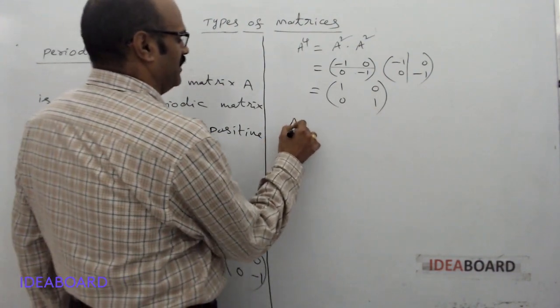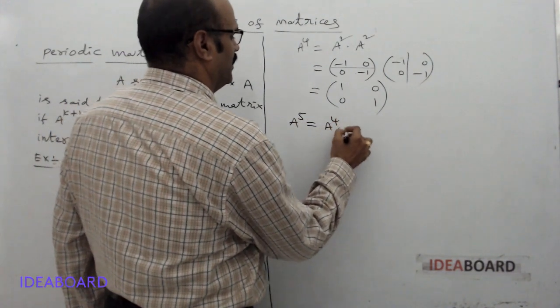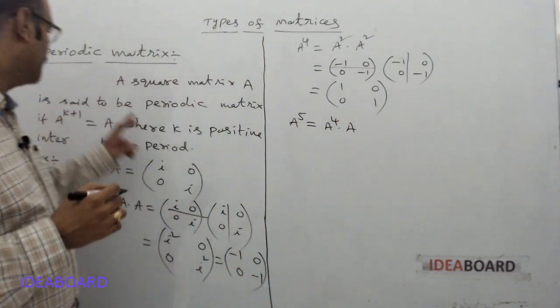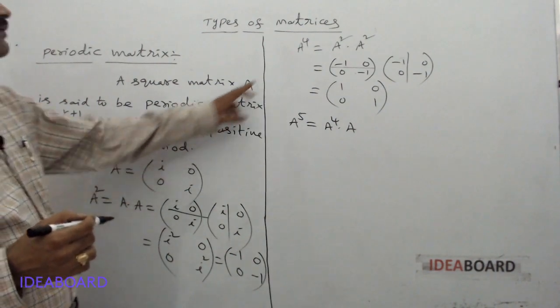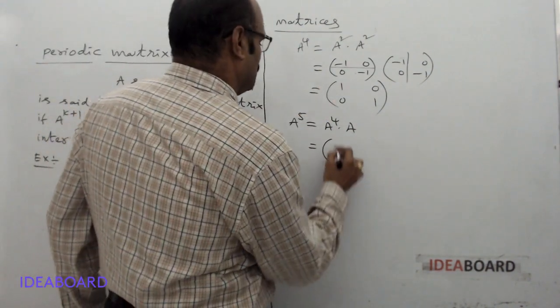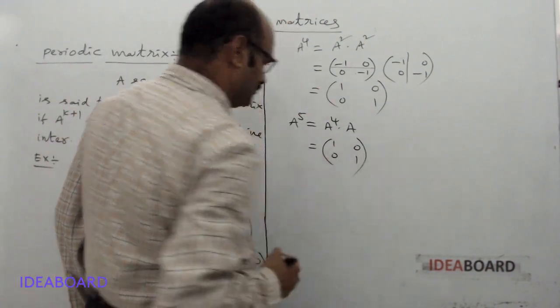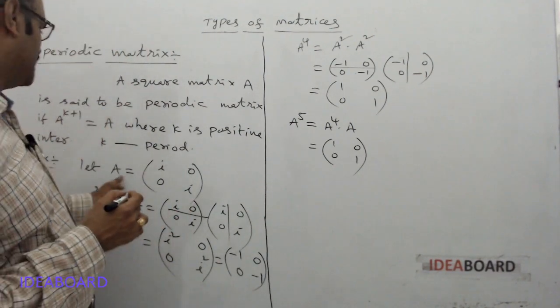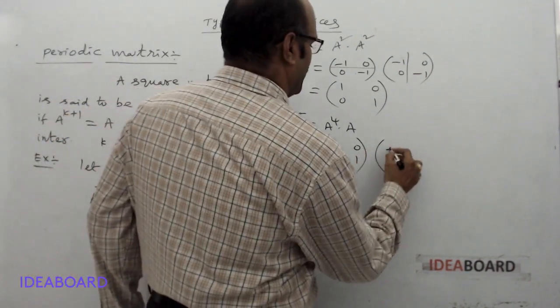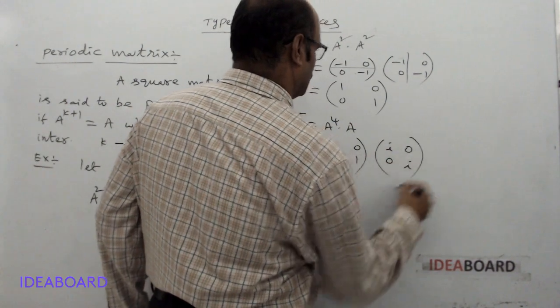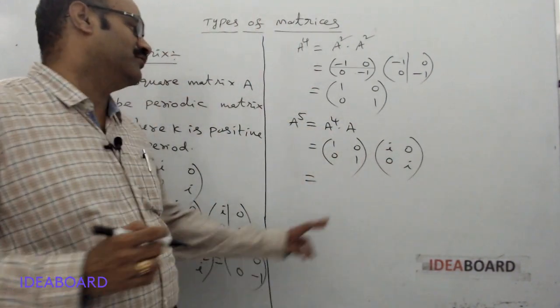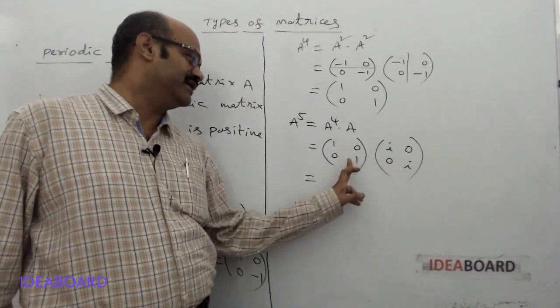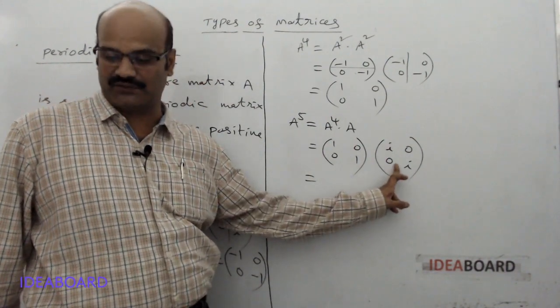Now A power 5 equals A power 4 into A. A power 4 is [1 0; 0 1], into A, which is [I 0; 0 I]. When you multiply any matrix with the identity matrix, we get the given matrix only.